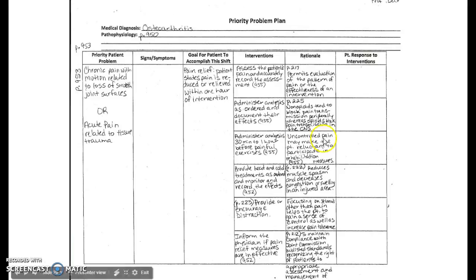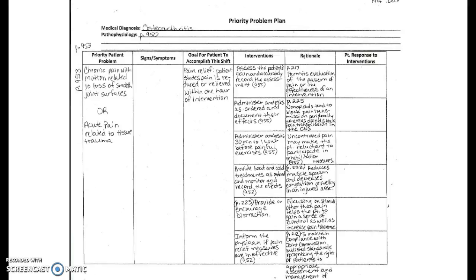So there's my rationale right there, and then it says administer analgesics 30 minutes to 1 hour before painful exercises. So these two were just reversed. The rationale came first in the text, and then the intervention, and you'll get the hang of telling which is the intervention and which is the rationale if you're having trouble distinguishing between the two.